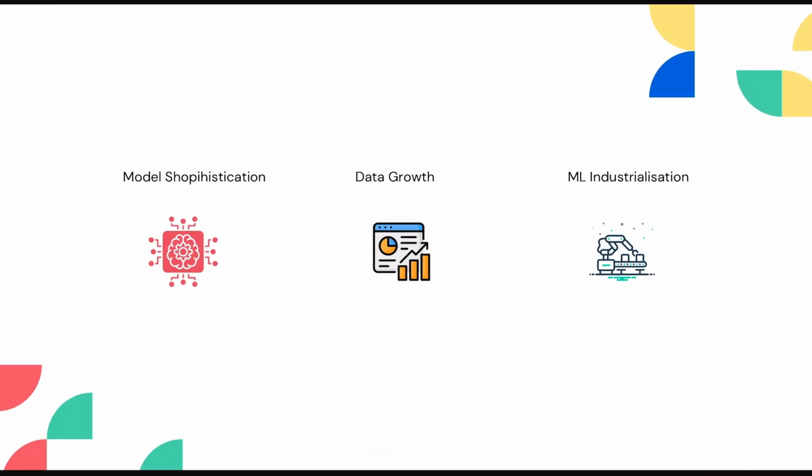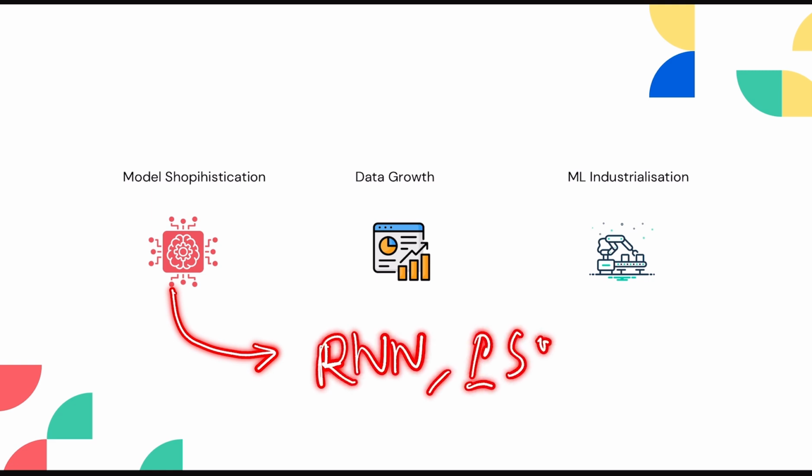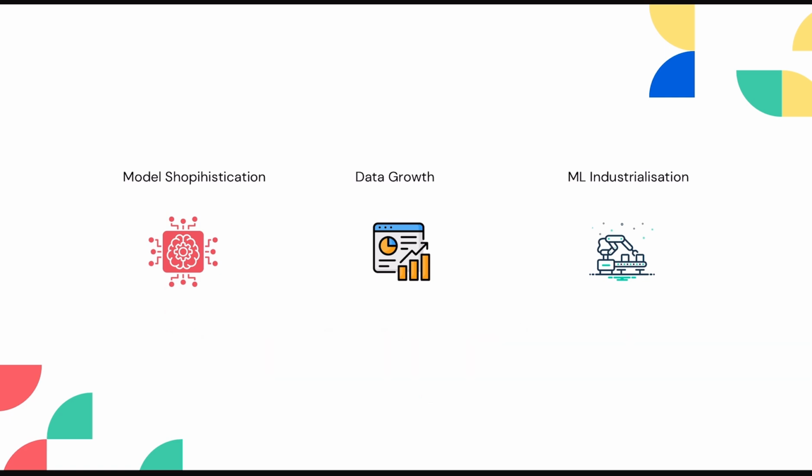There are three main pillars to the success of generative AI. The first is model sophistication. There were a lot of algorithms like RNN and LSTM that could not have been used before when we were talking about machine learning models. These are all deep learning models, and they definitely improve the way we capture state.